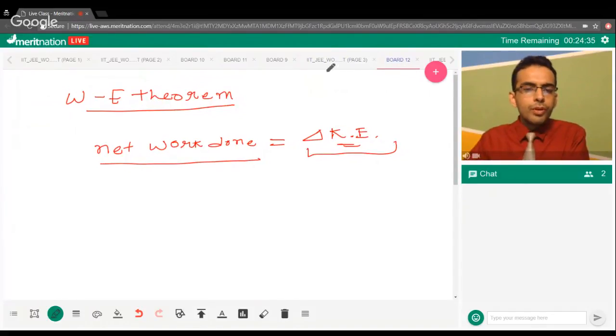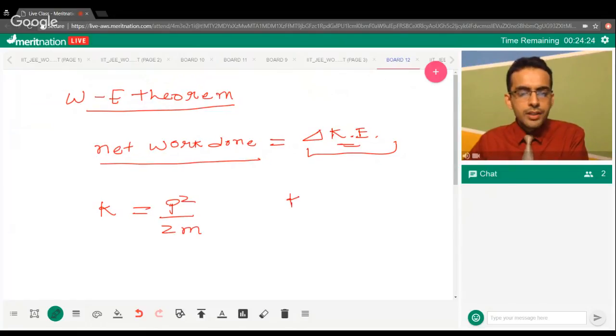Students, you must have learned a simple principle that K is equal to P square divided by 2m, where K is kinetic energy, P is momentum, and m is the mass of the object.